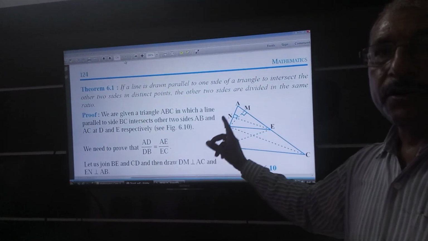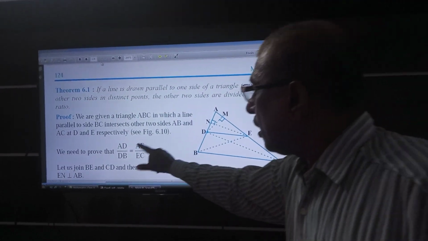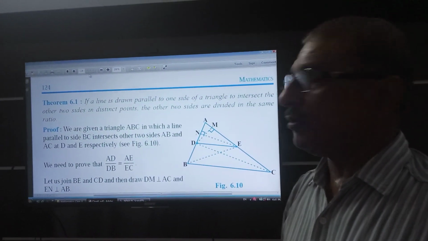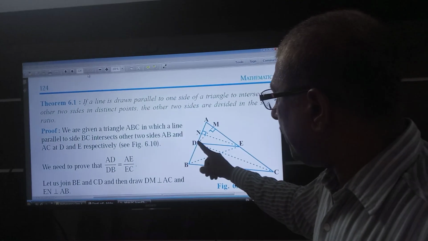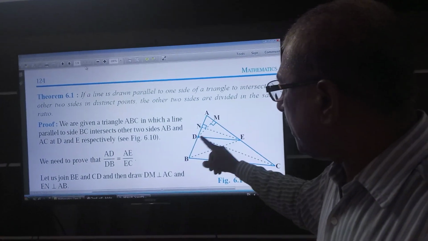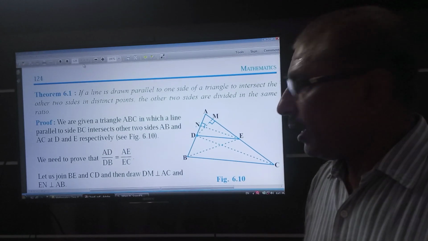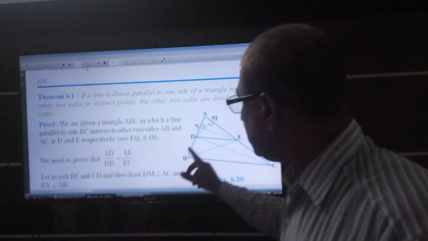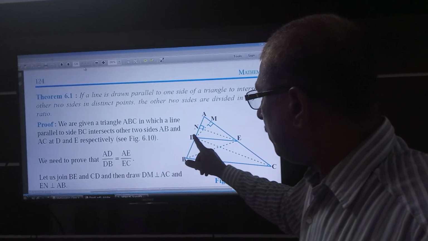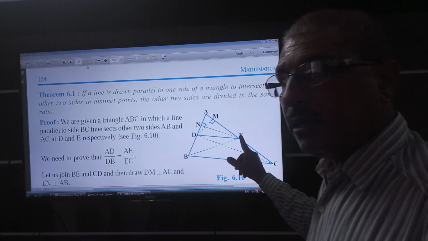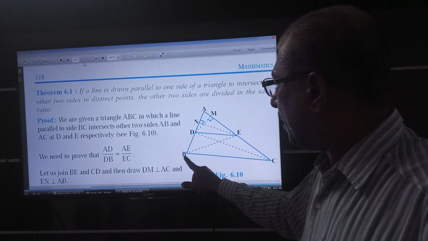Now we will take two triangles in which the AD and DB ratio is involved. Can you see the triangle ADE? In triangle ADE, AD is involved, and where is DB involved? DB is involved in triangle BDE or DBE.